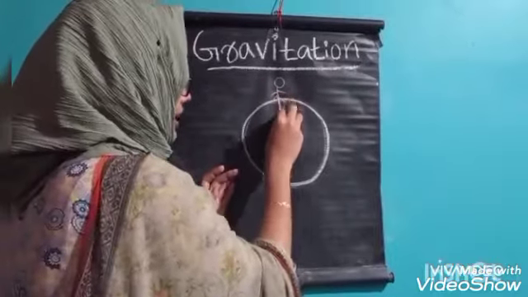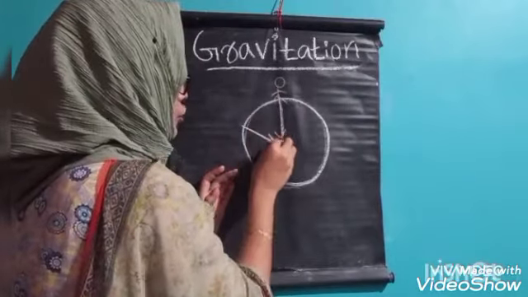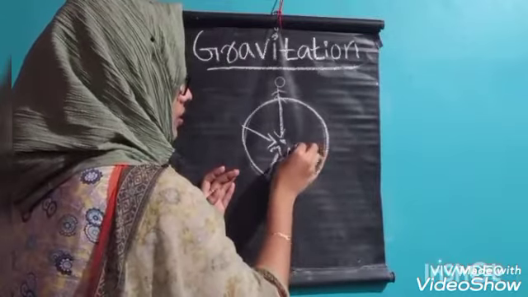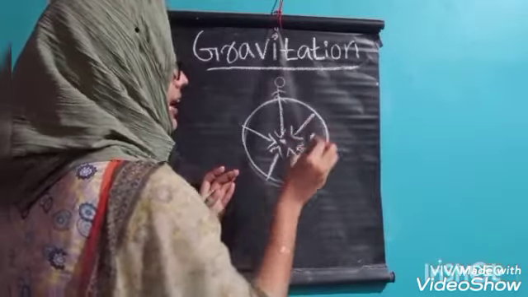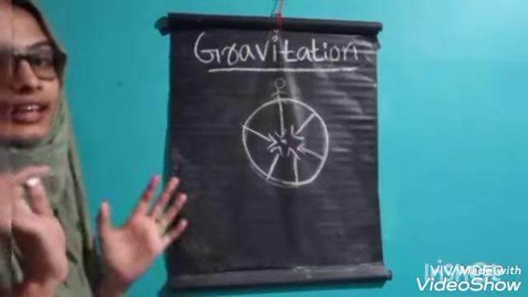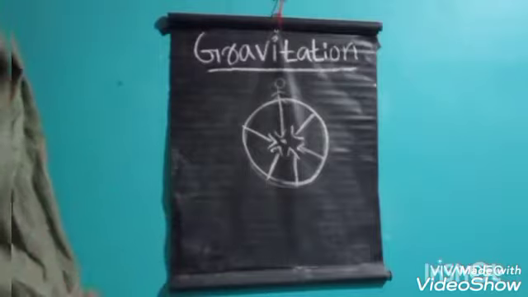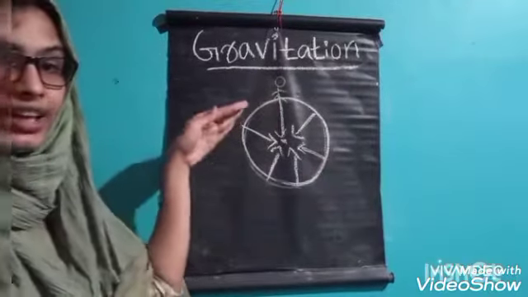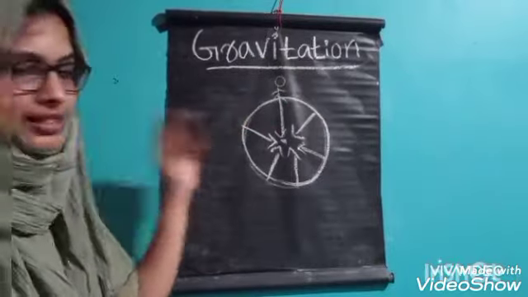The earth attracts every object towards its center, so that the apple falls downward. This was explained by Newton. So the earth attracts every object to its center.